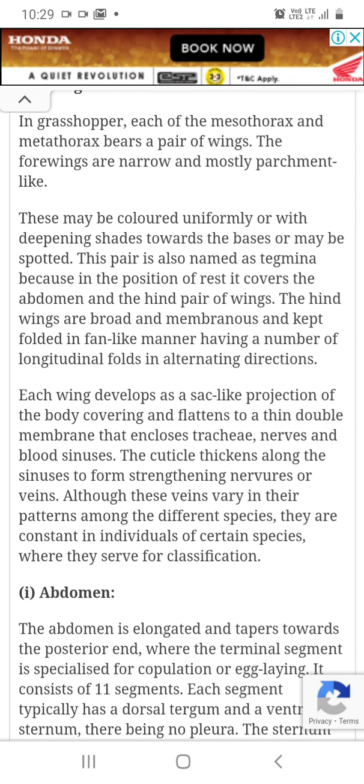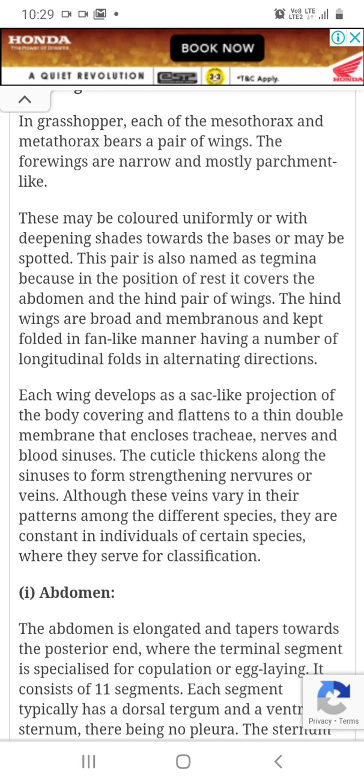The sac-like projection of the wing flattens to a thin double membrane that encloses the trachea, nerve, and blood sinus. The cuticle thickens along the sinus to form strengthening nervures or veins.